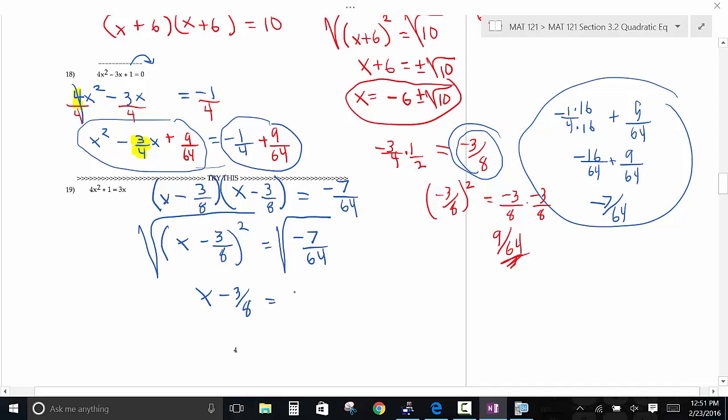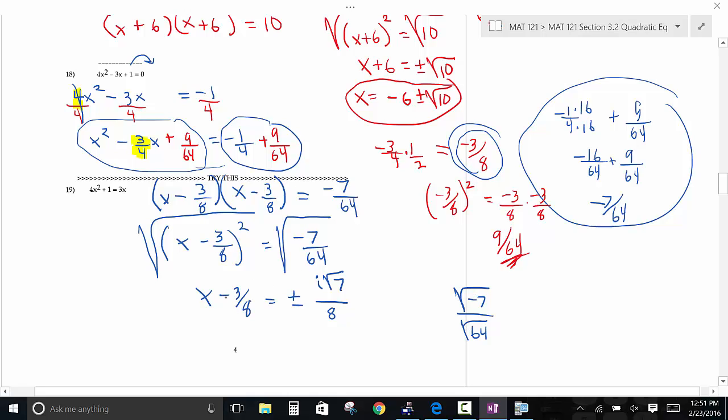Now you're going to have a plus or minus. I'll just do this at the side. If you have a square root of a fraction, you can do the square root of the top and bottom separately. What's the square root of 64? 8. How do you write the square root of negative 7? You have that i thing there, right? i radical 7. So you got to write it like that. If you're doing a square root of a fraction, do the square root of top and bottom separately.